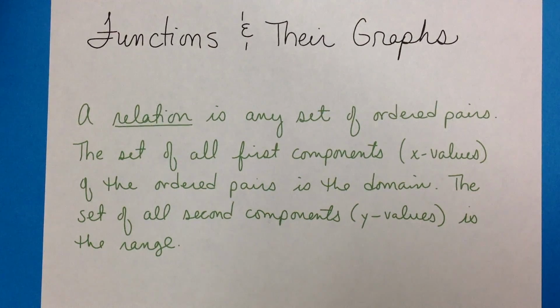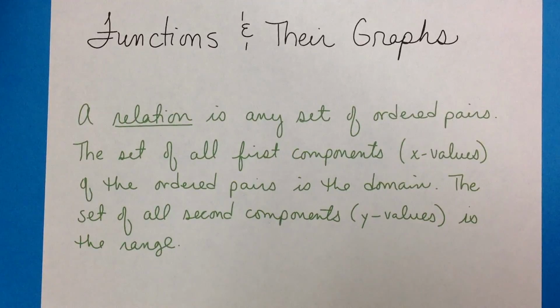In this section, we're going to be looking at functions and some of their parts or characteristics. What you have here, first of all, is the definition of a relation, as it says that it's just a set of any ordered pairs.